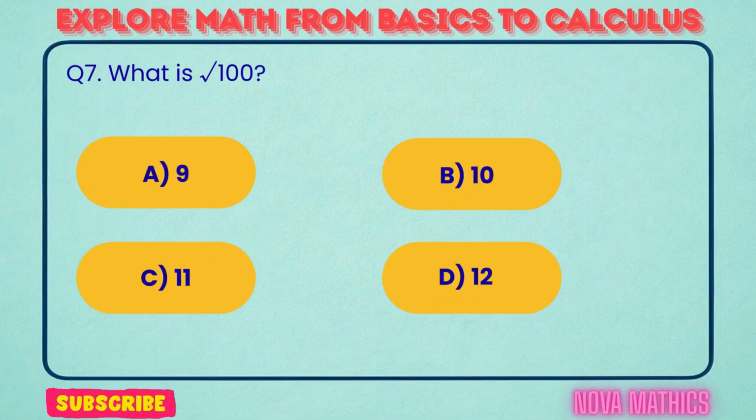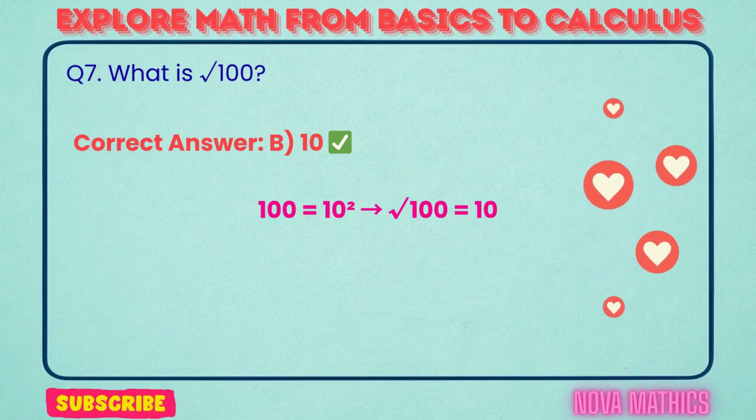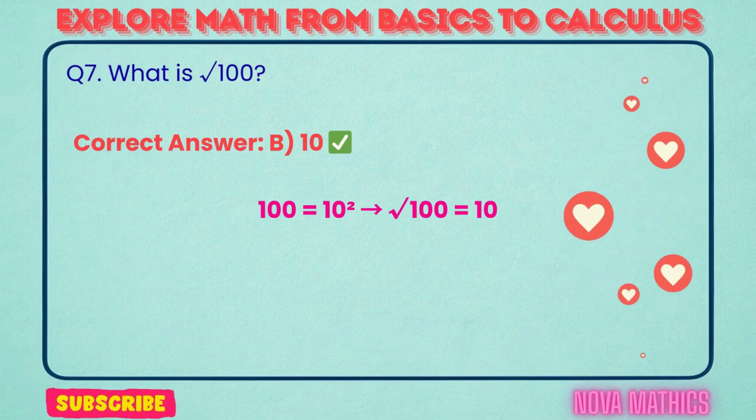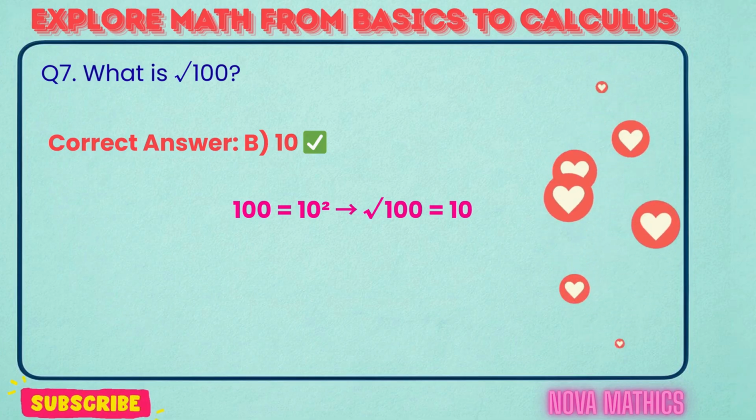What is the square root of 100? Correct answer is 10. 10 squared is 100, so the root is 10.